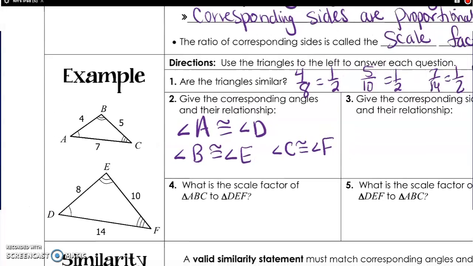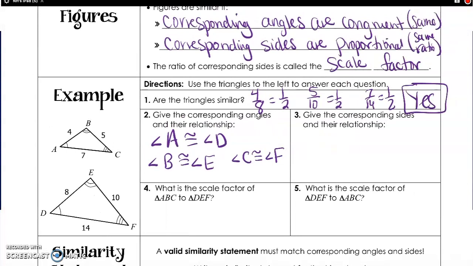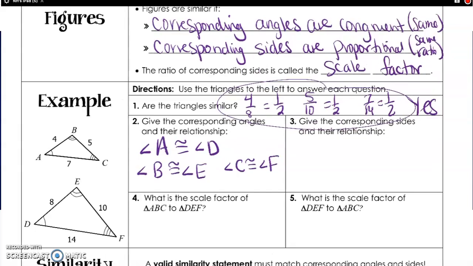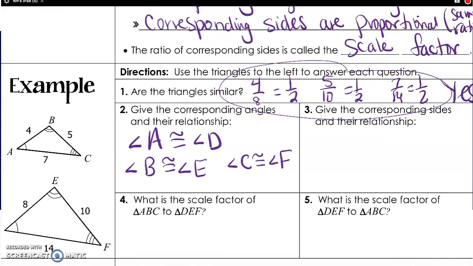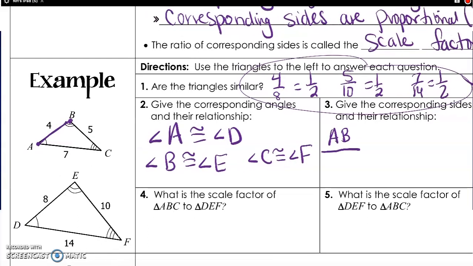The relationships for the corresponding sides is what we wrote up here when we did the ratios. So here's how we write it. It's a little bit tricky. I'm going to start with this one, from A to B over what matches with AB was DE, and we have to make sure it goes in that order.